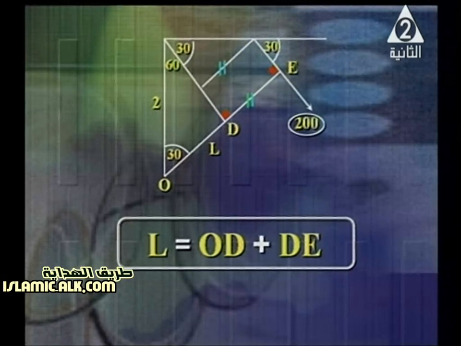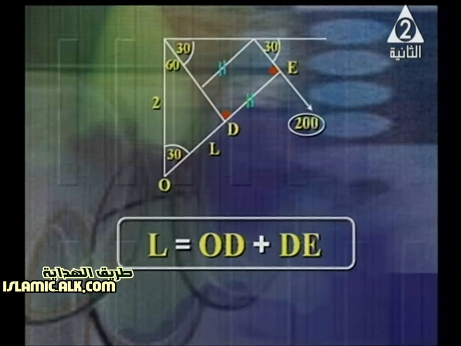Look at the triangle 30, 60 degrees. L is opposite angle 60. We find the length of OD by using cosine 30 or sine 60. Sine 60 equals L over 2, or cosine 30 equals L over 2.